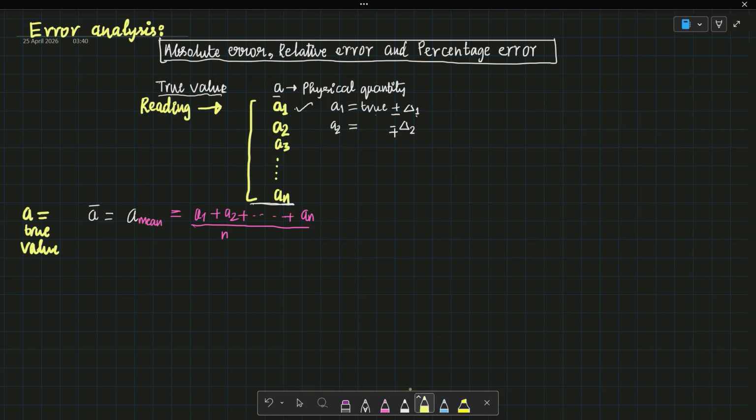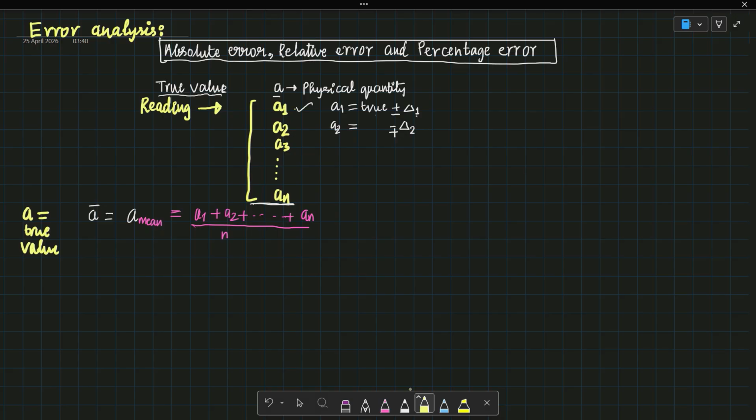In the absence of the true value of the physical quantity, we do not know what the true value is. That's why we are performing the experiment. So we take n number of readings, and when we take the average of all of them, we get the value of A mean, or A bar, and that is called the true value.